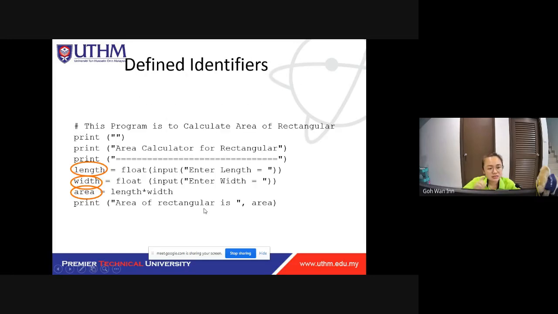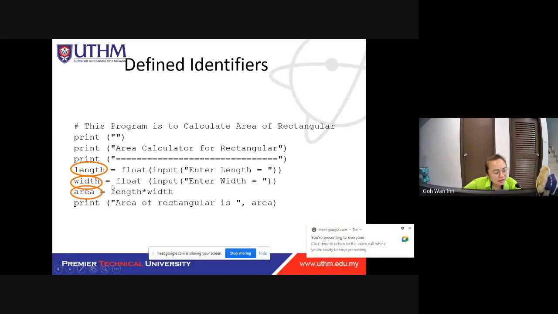Okay, so this is defined identifiers. You can see the length, width, and area. These are all named by yourself, and they are sensitive to capital letters, so capital or small letter. Once you put a small letter here, you need to use the small letter. You can see that the length here and the length here are the same, right?